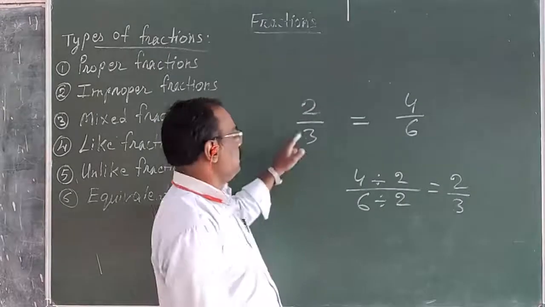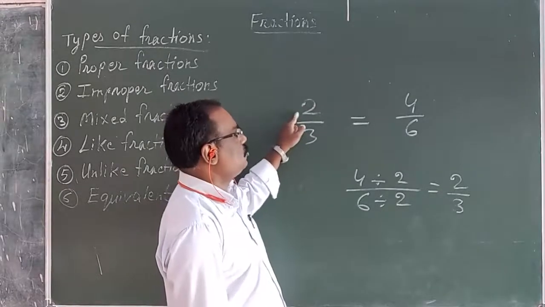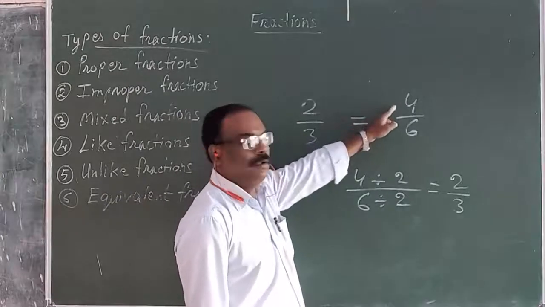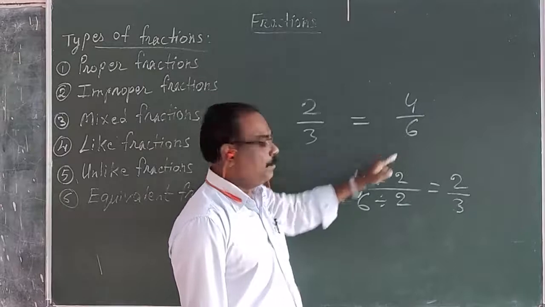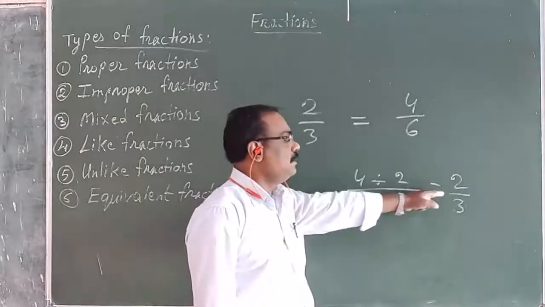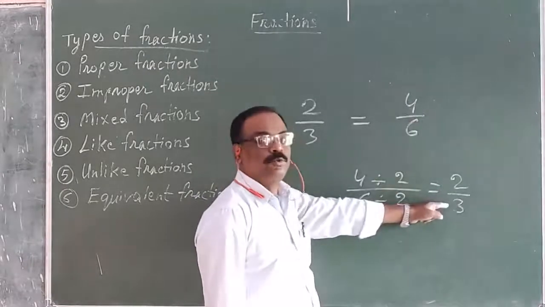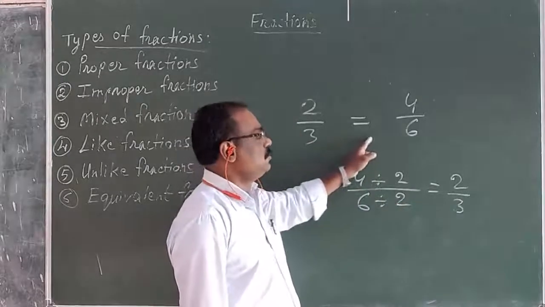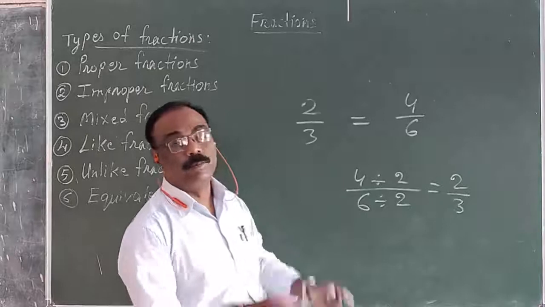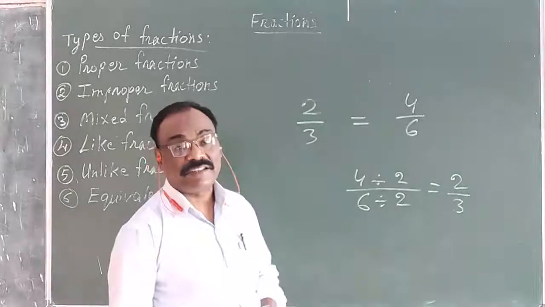You can see the numerator, here it is 2, here it is 4. Here the denominator is 3, here the denominator is 6. But when we divide, we get this 4/6 as 2/3 only. So we can say 2/3 is equal to 4/6. Both are equivalent fractions.